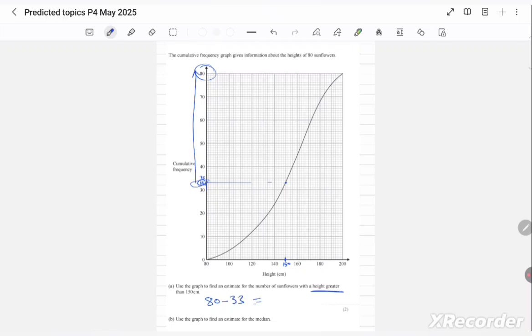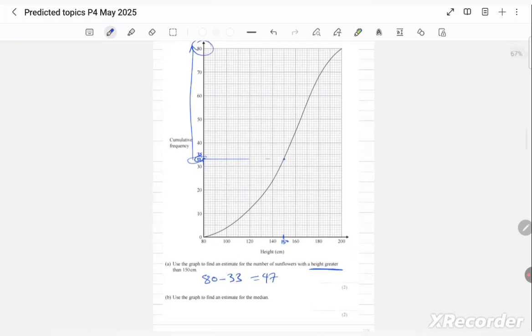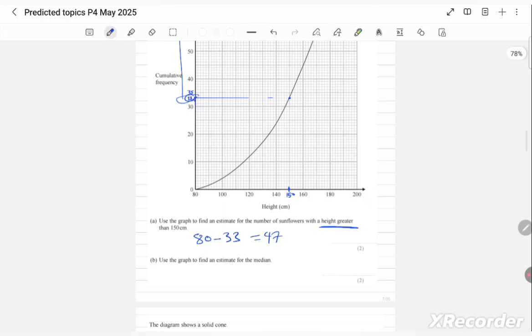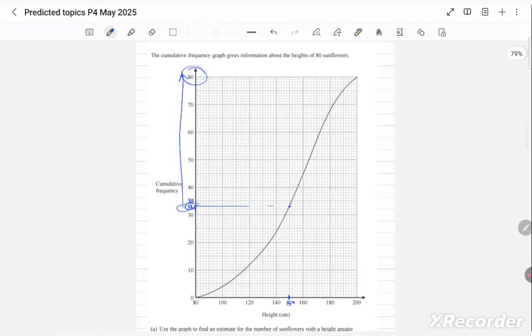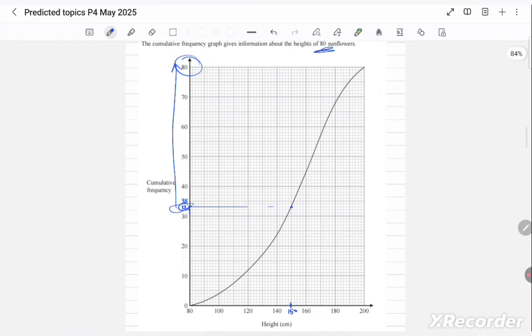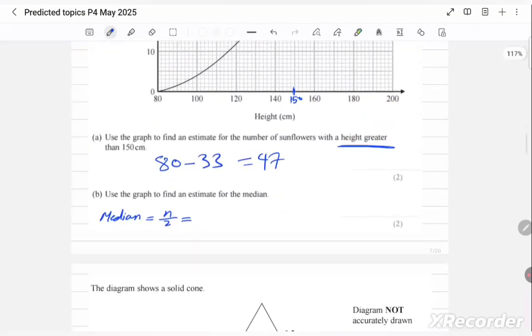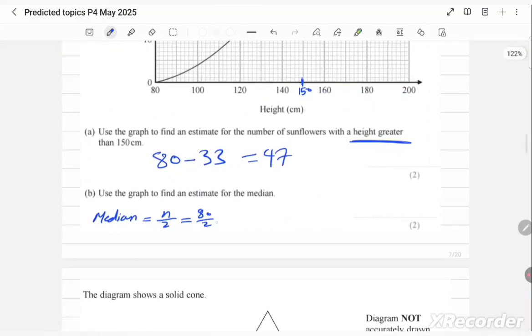The next question is, use the graph to find an estimate for the median. The median should be n over 2, and it's given that n here is 80. So 80 over 2 is the 40th.